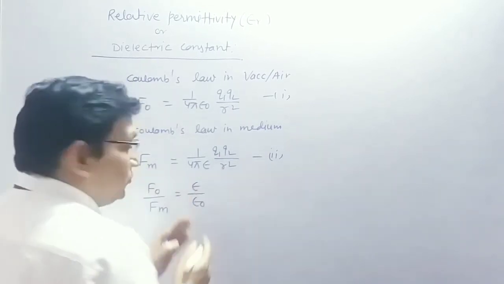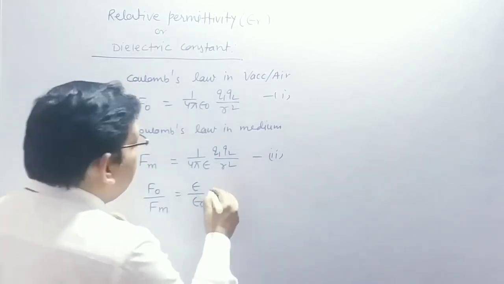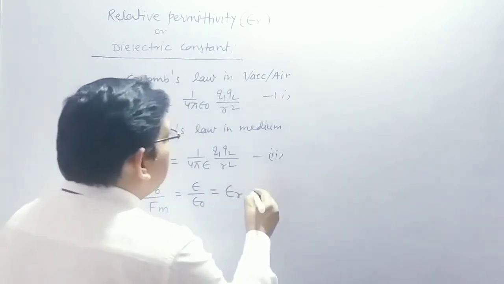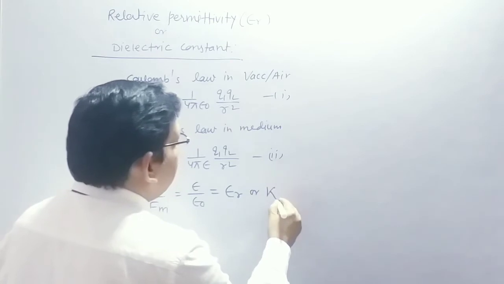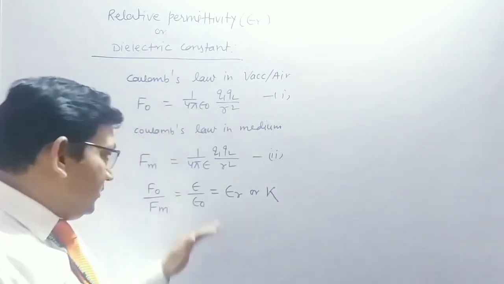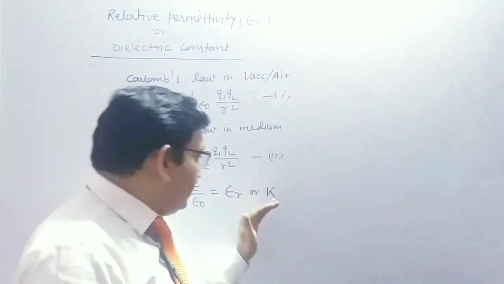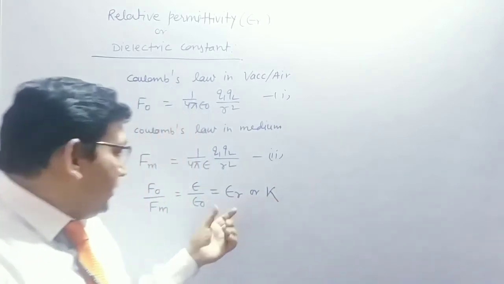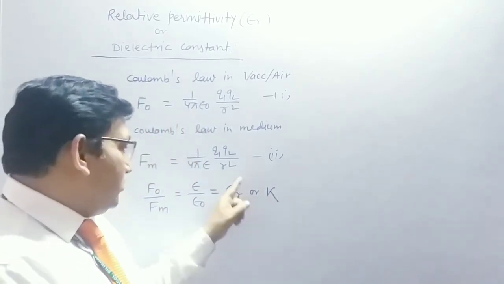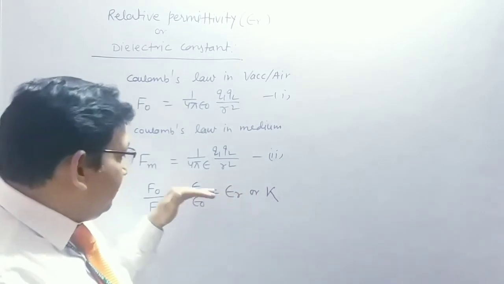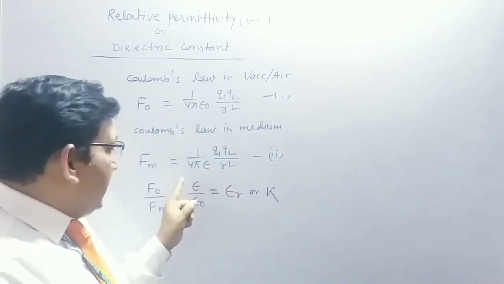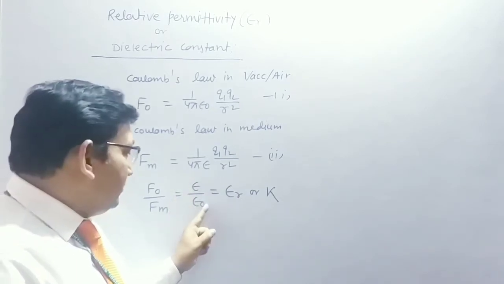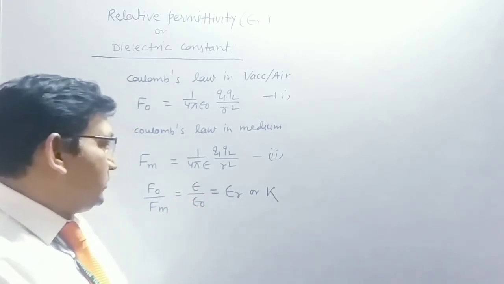And this ratio is called relative permittivity, denoted by epsilon r, or dielectric constant K. From this expression, we can define dielectric constant or relative permittivity as the ratio of the electrical permittivity of the medium to the electrical permittivity of vacuum or free space.